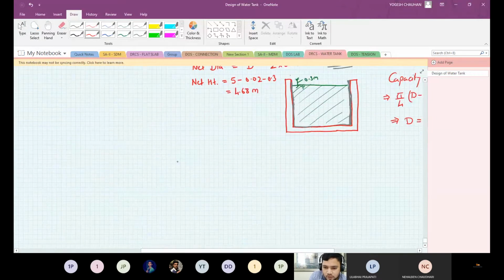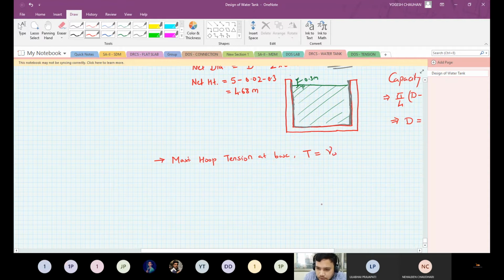So we can write maximum hoop tension at base, T equals gamma W, that is unit weight of water, into H into D by 2.